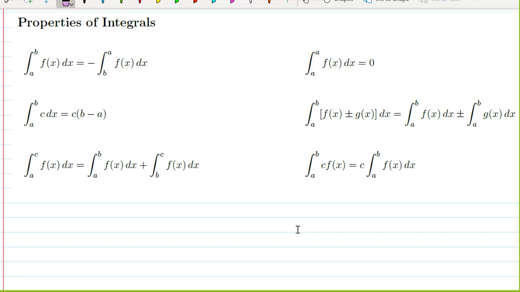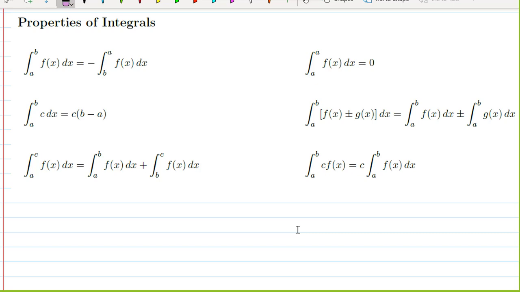So if we reverse the order of the integration, it changes the area from positive to negative, or from negative to positive. The second one says that the integral from a to a of f of x dx has to be 0. Well, that should make sense, because if the width is 0, it doesn't matter what the height is. 0 times anything will always give us 0.